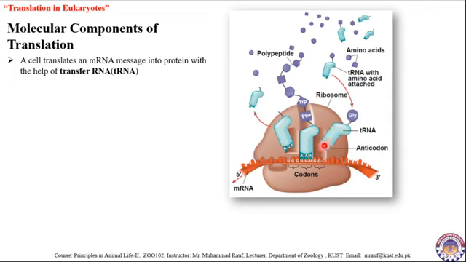On one end, it must interact with the triplet codon present on the messenger RNA, and on the other end it must attach the correct amino acid. So it is bifunctional.